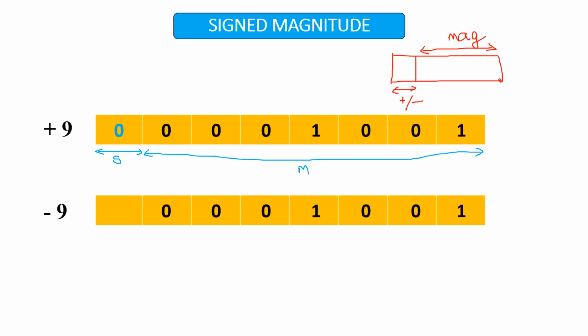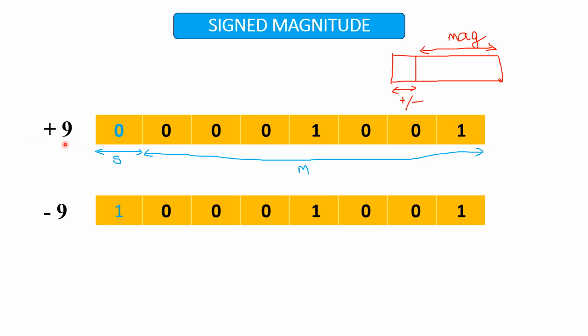It is the same as the previous one, plus 9: the magnitude is the same. The magnitude of plus 9 and minus 9 is the same. Now for the sign, it is minus, and the bit for minus is 1. So for plus, the sign bit is 0. For minus, the sign bit is 1. But the magnitude will be the same.